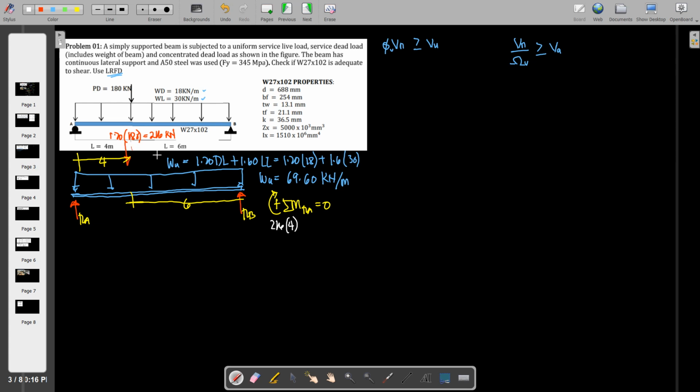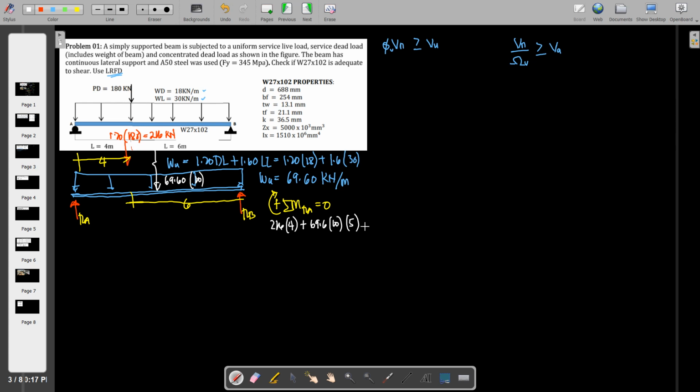Then the resultant of our distributed load is 69.6 times 10, and that gives us a positive rotation, so plus 69.6 times 10 multiplied by our moment arm, half of 10, which is 5.